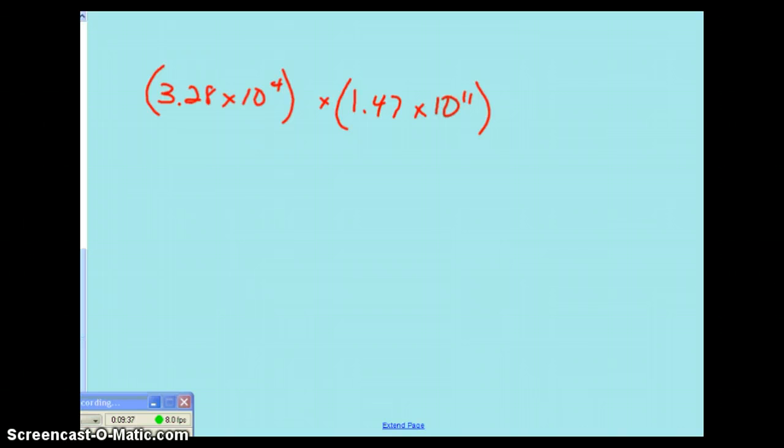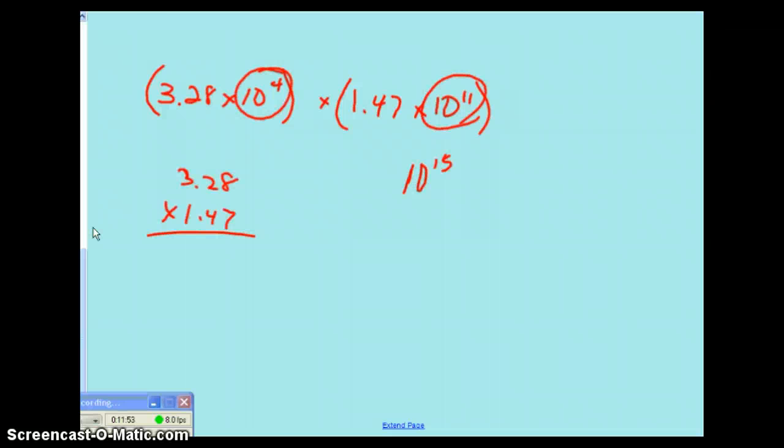On a test, class, how do you think we would go about solving this problem without using a calculator? Now I understand we can round 3.25 to 1 and 1.5, so we could multiply that without using a calculator, but the more important piece is dealing with those powers and the powers of 10. Go ahead and try to solve that now. Pause the video and take your minute to solve.